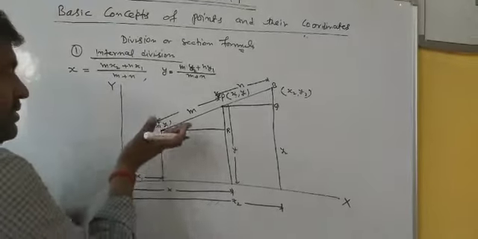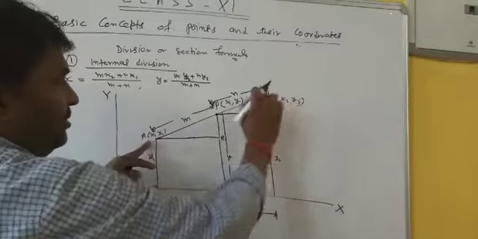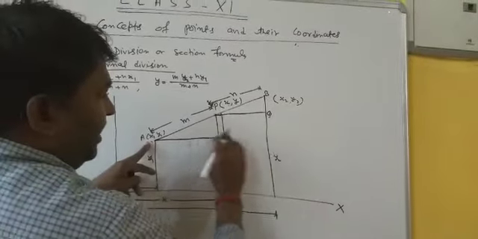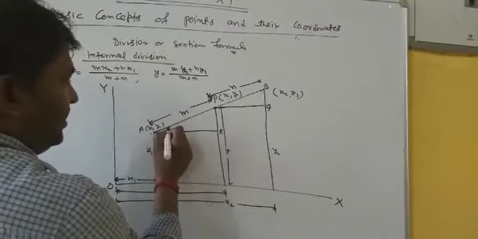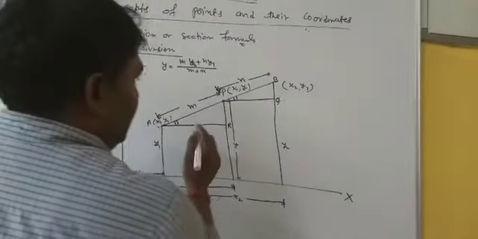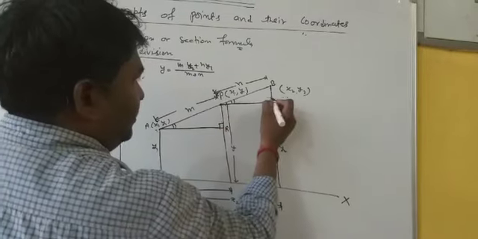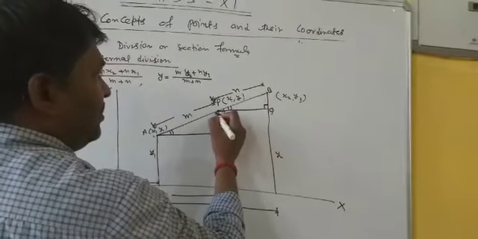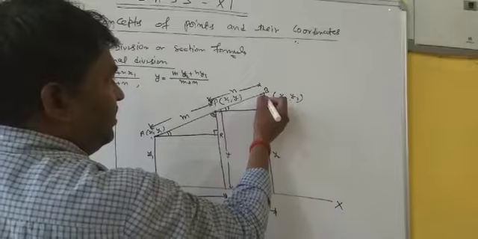Since AB is a common line and these two lines are parallel, this angle will be equal to this angle, corresponding angles, and this is 90 degrees and this is also 90 degrees. Therefore the third angle will also be equal.